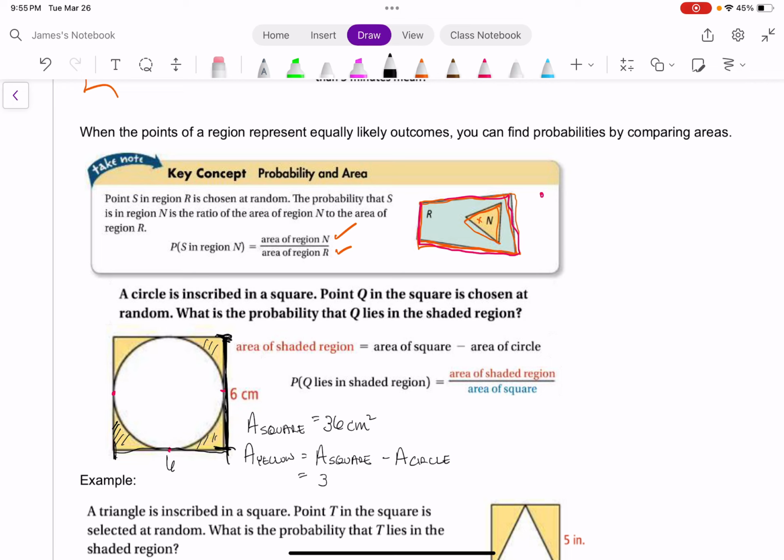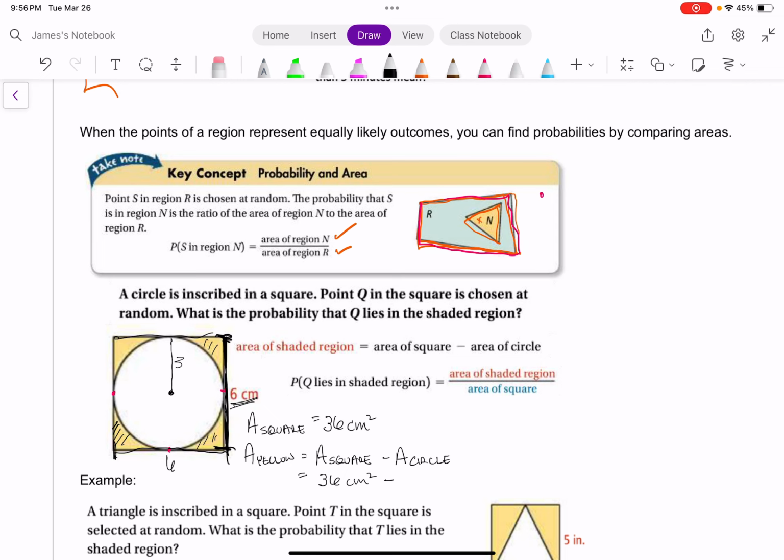We already know the square's area is 36 square centimeters. Now the circle: if the side of the square is 6, then all our knowledge about regular polygons being circumscribed around a circle, or the circle being inscribed in the polygon, tells me, especially for squares, that the radius is 3 if the side length of the square is 6.